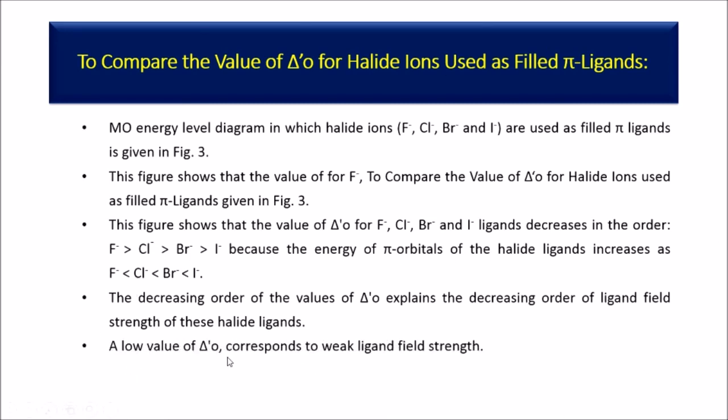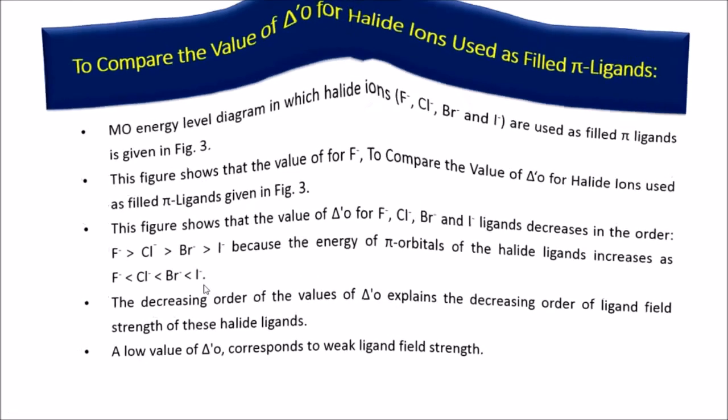A low value of delta dash O corresponds to weak ligand field strength, and that is how the study of this gives us the spectrochemical series: why one ligand is more effective in splitting the d orbital, and why another ligand is less effective. That can be explored using this MOED diagram and the study of this splitting energy.